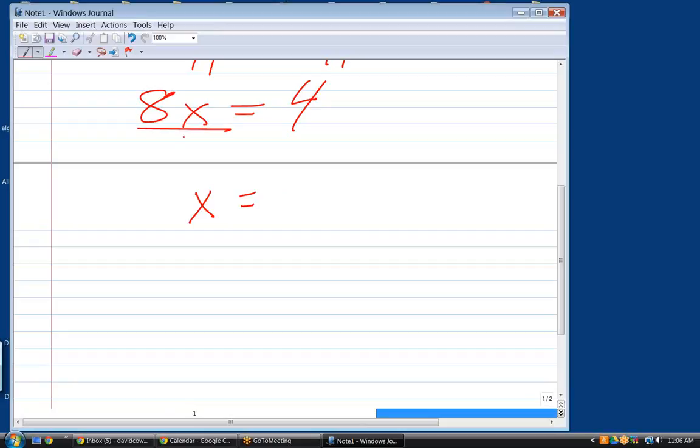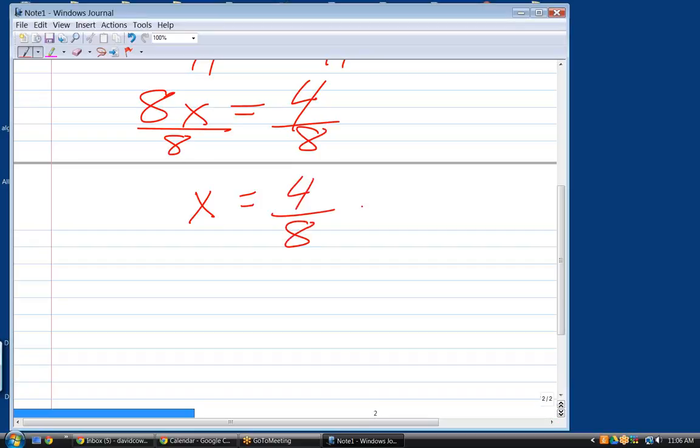Oh. Remember what we're doing. We're dividing both sides by 8, not 4. Okay? So, x is going to equal 4/8. What's that equal to? Does that simplify? 1/2. Okay, so that's the answer.